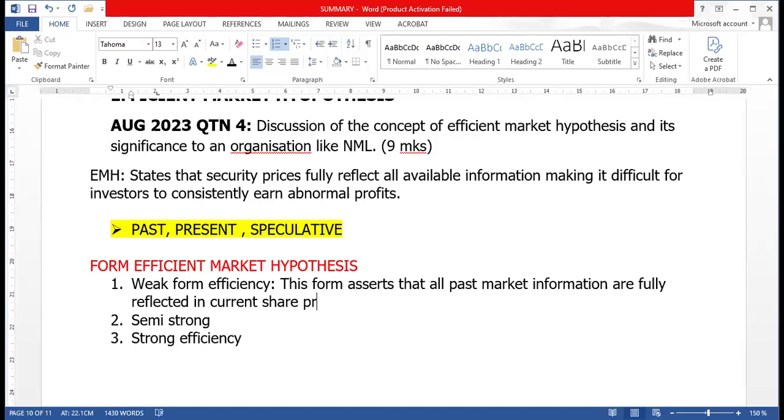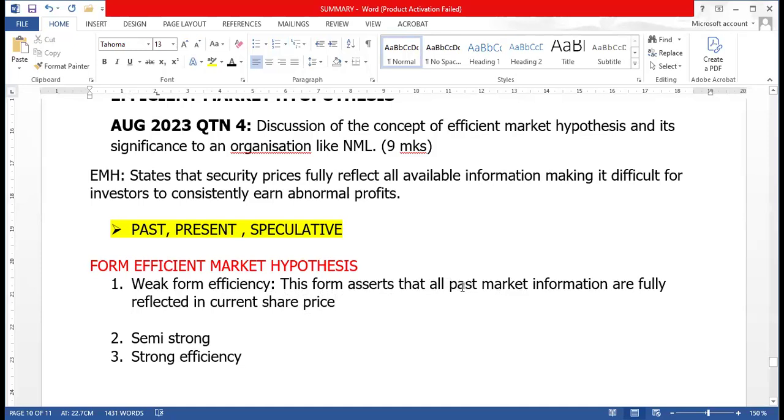It can be the current share price, depending on the security you are talking about. So that is weak form. You are looking at the past data, the past information.